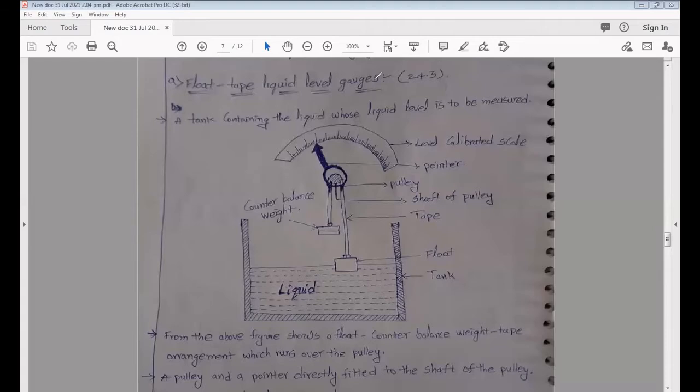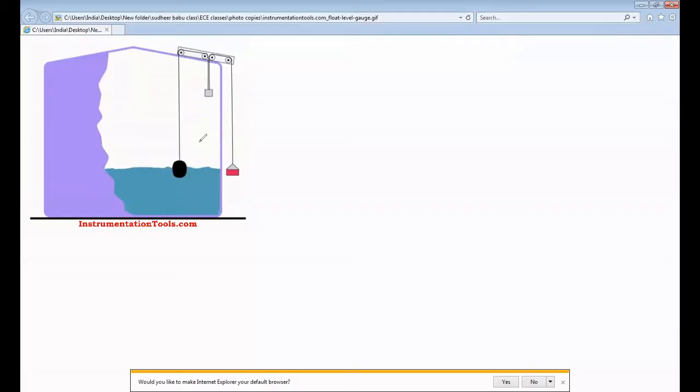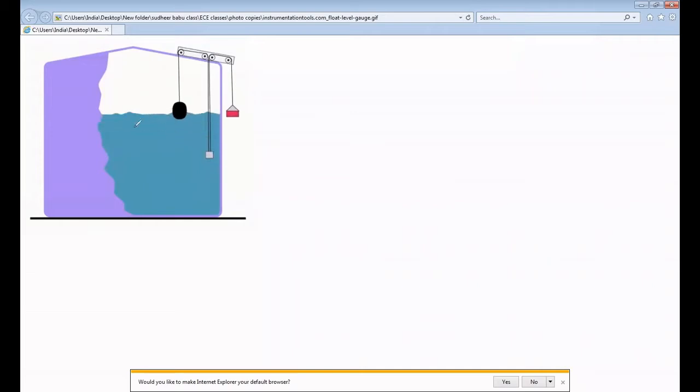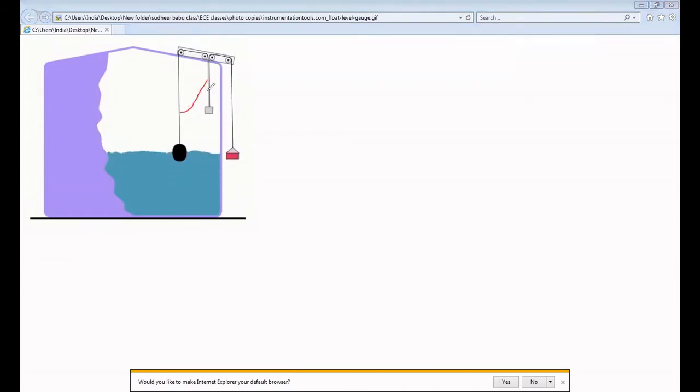For example, if the water head level increases, the flat will go up. If the water head level decreases, the flat will go downwards. This is the actual procedure.